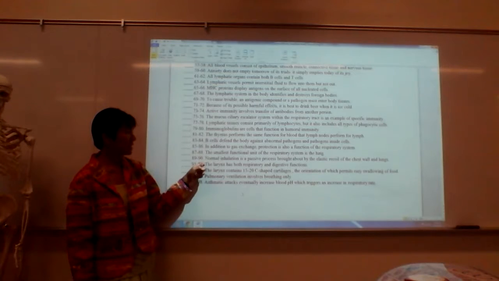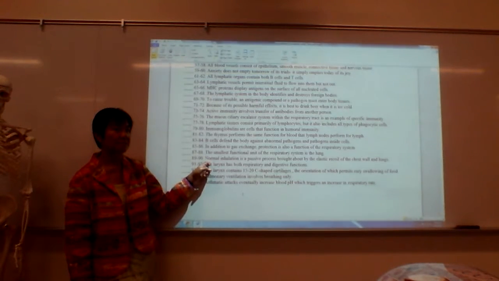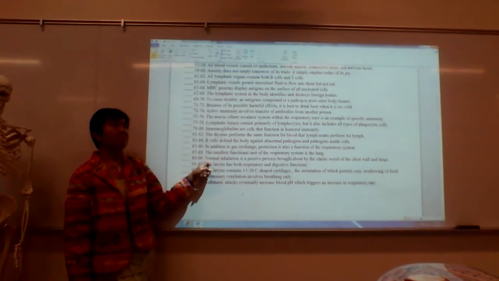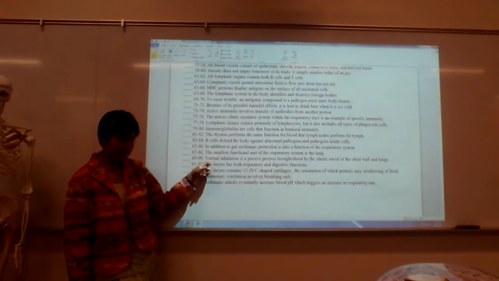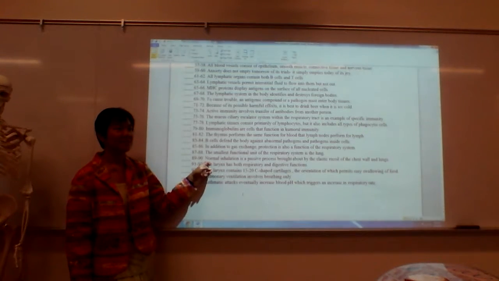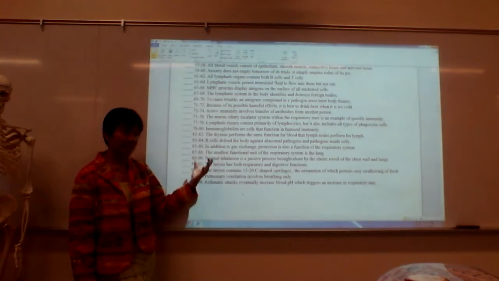Okay? Next, normal inhalation is passive, brought about by the elastic recoil of the chest wall and the lungs. It's false because what's the word? Recoil should be exhalation.